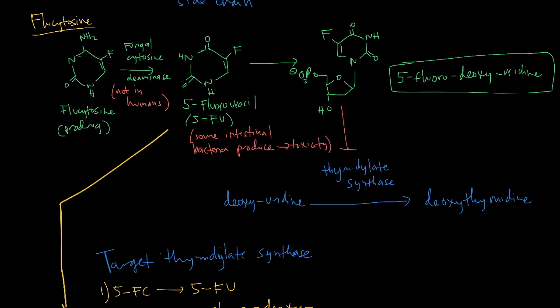It's 5-fluorodeoxyuridine. By inhibiting thymidylate synthase, you inhibit the conversion of deoxyuridine to deoxythymidine, and therefore you inhibit DNA synthesis.